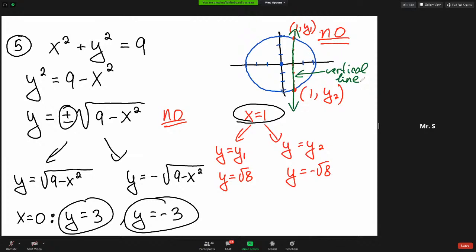So now we can write that for graphs in general and call it the vertical line test.